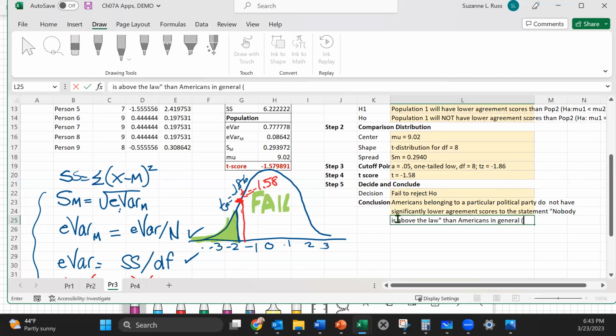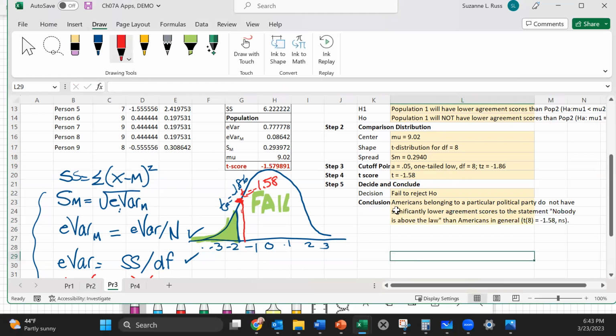I write the statistic, the T is the statistic. Next to it, I can put in parentheses, if I don't want to use subscripts, the degrees of freedom, which is 8, equals negative 1.58. And I can just write NS for not significant. That's the end of the problem.